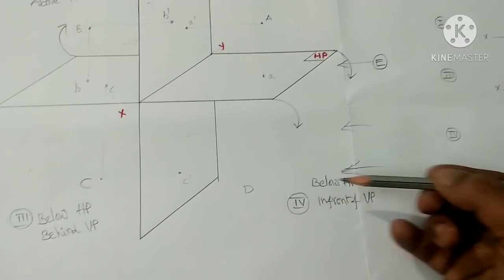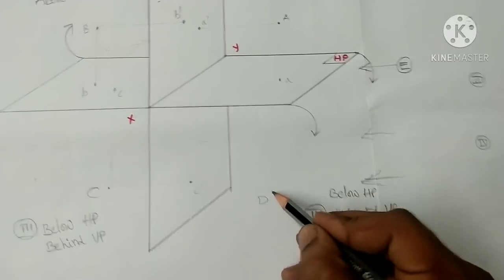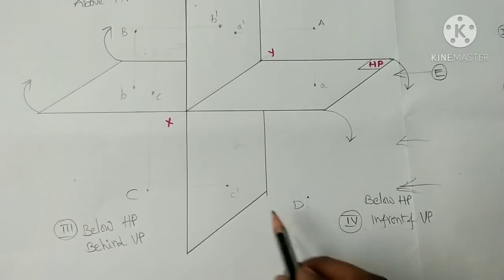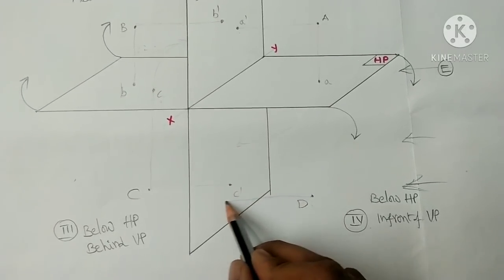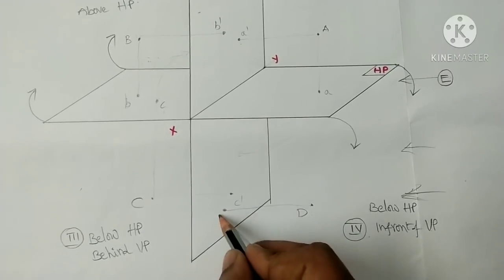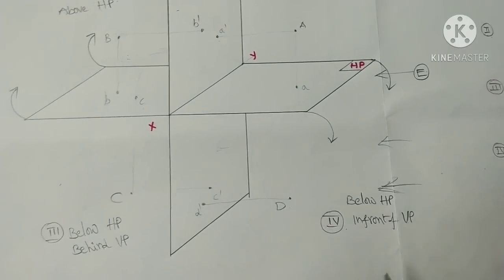So we have to see the object in this direction. So directly we are able to see this particular point D. So no need to assume any plane as transparent. So here this point will be projected onto the vertical plane. So capital D becomes small d dash, because this is the front view, naming represented by a small letter with dash.